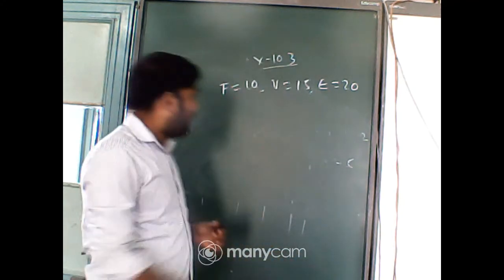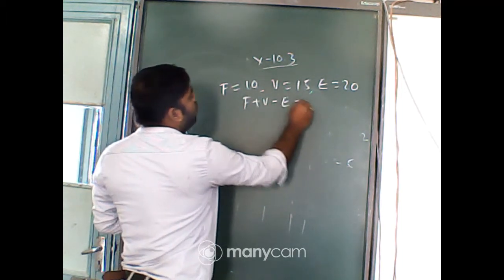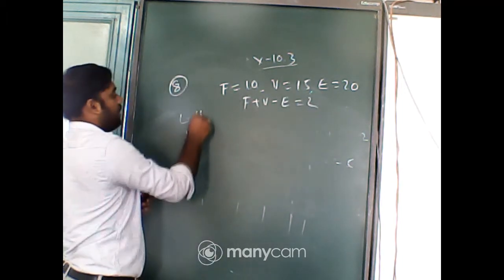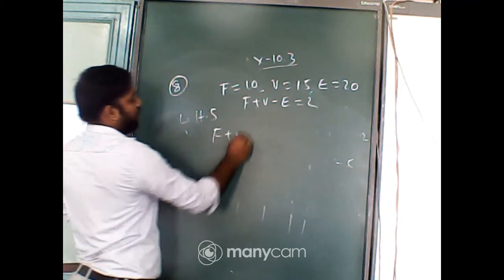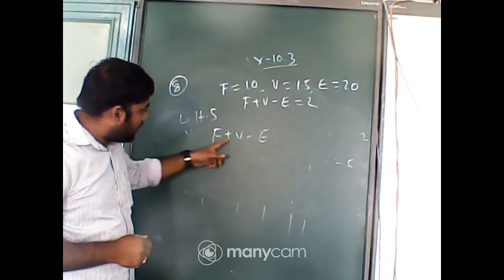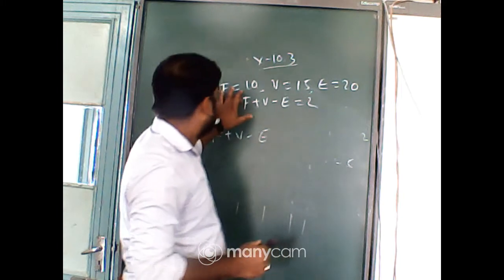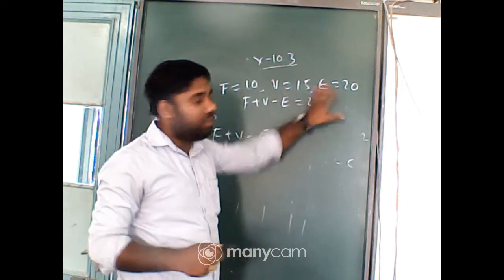Okay, let's check. The formula is Euler's formula, F plus V minus E equal to 2. So the left hand side, F plus V minus E: if the value of F plus V minus E equals 2, then that polyhedron can have 10 faces, 15 vertices and 20 edges.